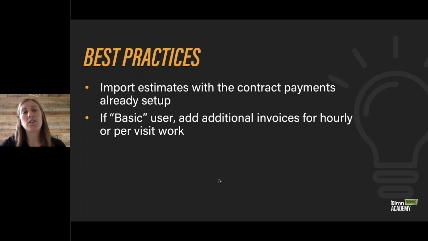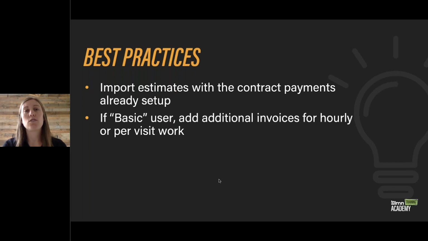If you're a basic user and you're using invoicing, you will have to add additional invoices for your hourly or your per visit work. As I mentioned before, pro users get that automation from the mobile timesheet with the foreman marking their services as complete.